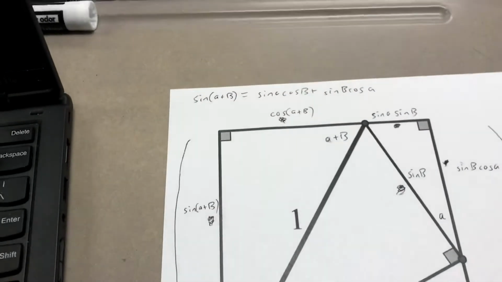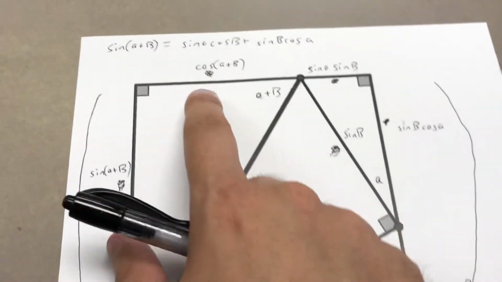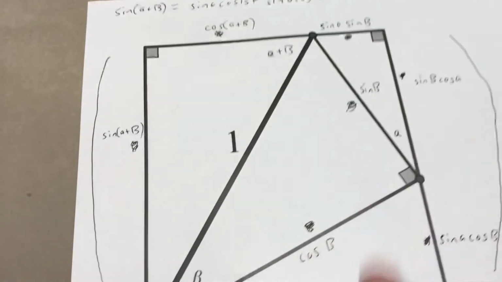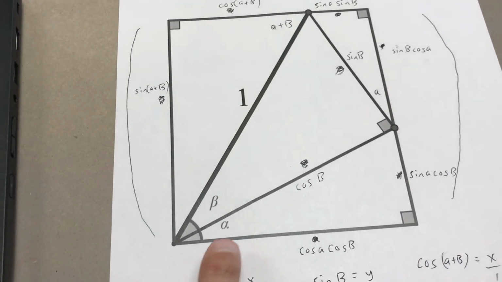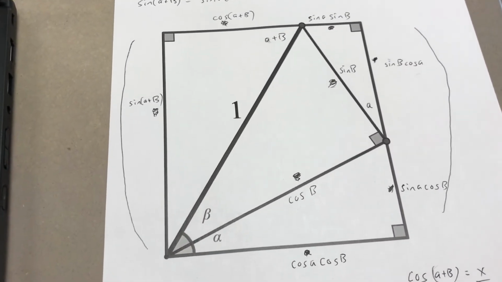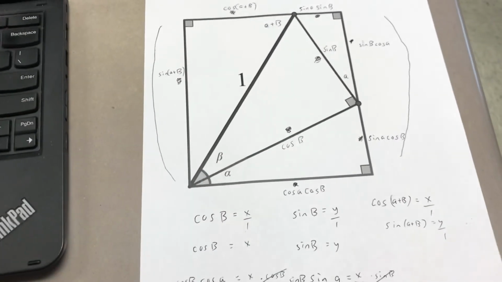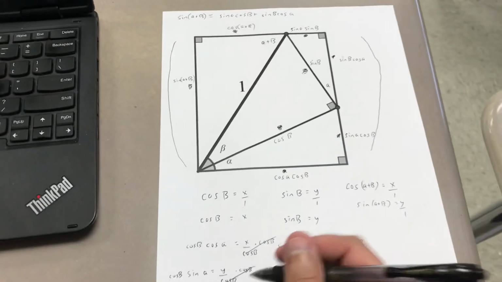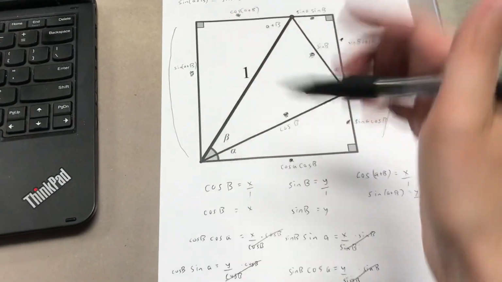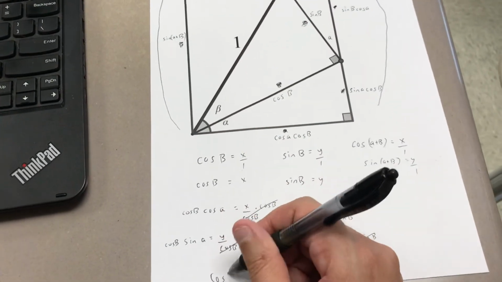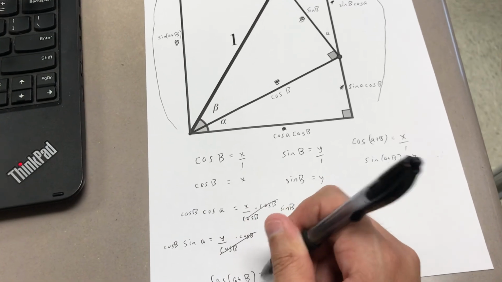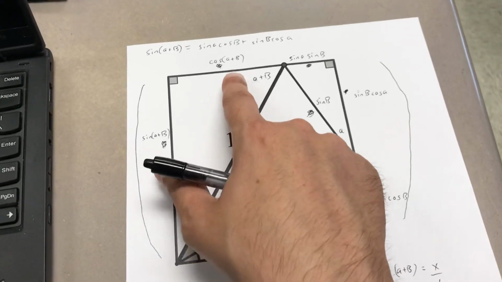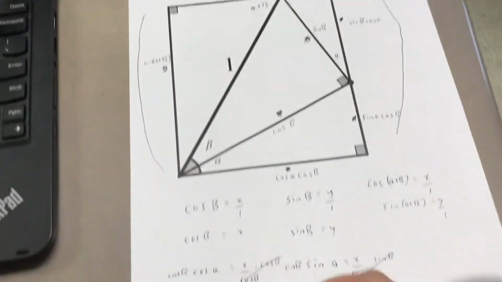Now, second relationship here. Notice I have a cosine of alpha plus beta, okay? We know that this whole side would be equal to this whole side down here, okay? So if I wanted to write an equation here, looking at the diagram, we could say cosine of alpha plus beta plus sine of alpha sine of beta.